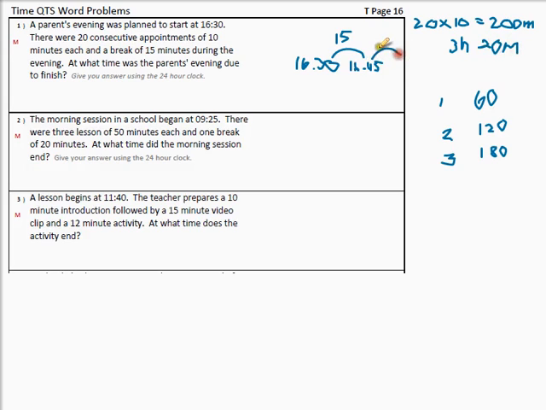So let's quickly add 20 minutes because it will still fit in. If we add 15 minutes, we get to 17:00, and another 5 minutes will be 17:05. And then we need to add 3 hours to this. It's 17, 18, 19, 20. So 20:05.